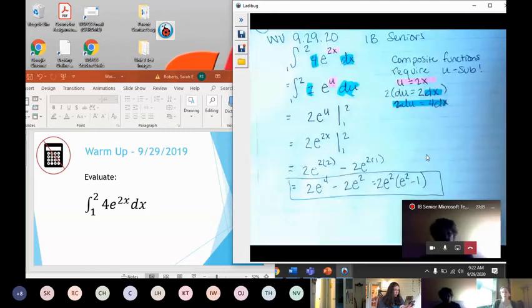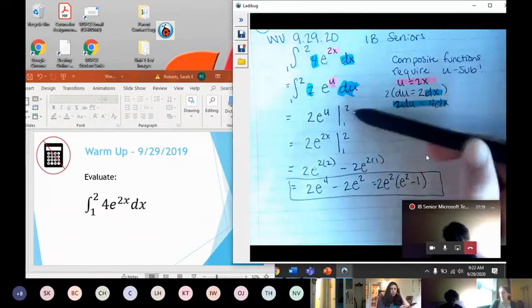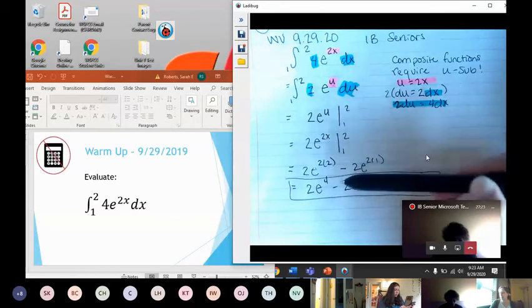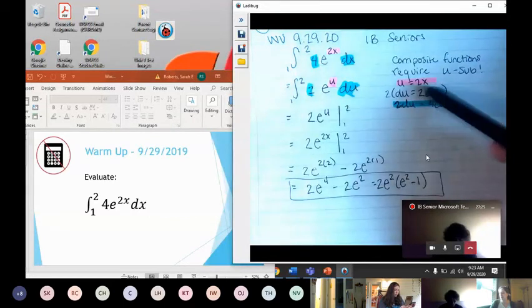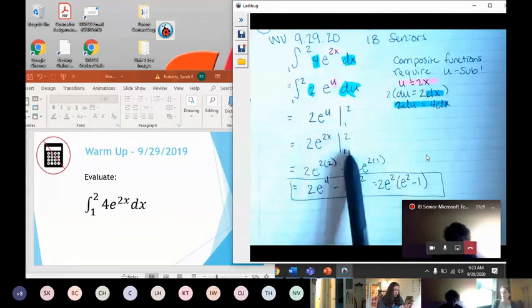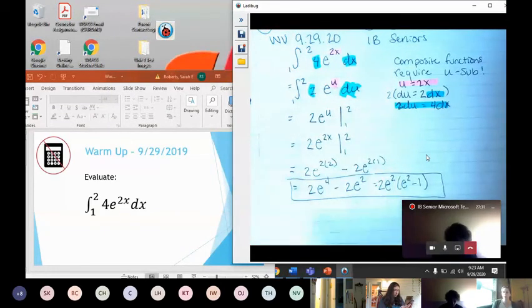So in this, we replace the 2, the du, and the u. And we don't do anything with the e because the e is just the base of the function. It's a function, it's not like a number. Although it is a number, but that's how the function works. Then we integrate, sub back in our u stuff in terms of x, and then we can sub in our exact values and get our answer.